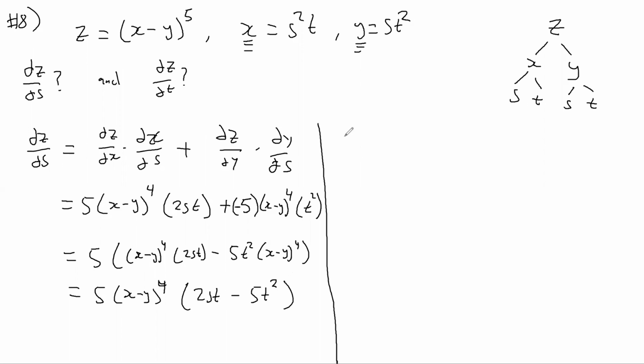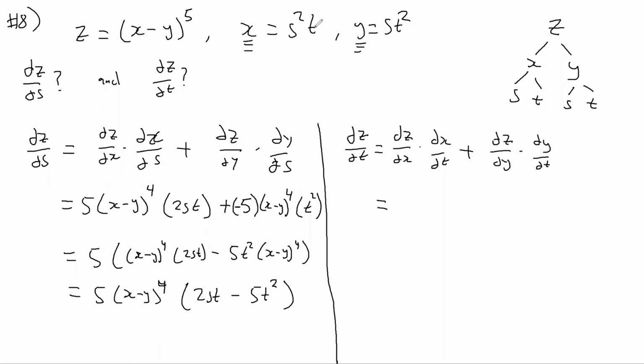And then you would do the same approach for dz over dt. Just looking at the tree diagram, we can go through the x route, or dz over dx times dx over dt, to get dz over dt. And you can also get dz over dy times dy over dt. Okay.